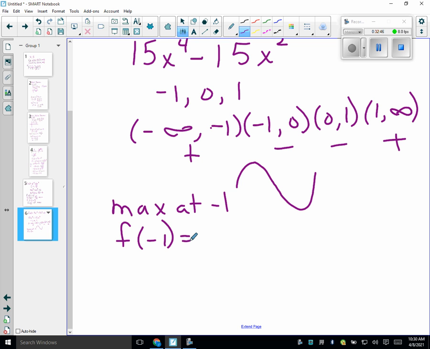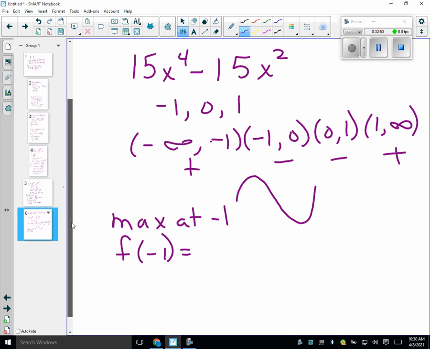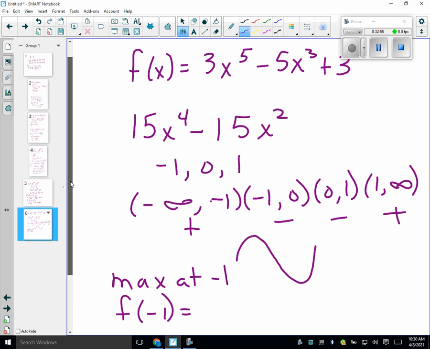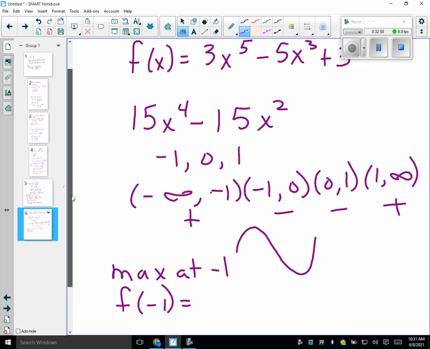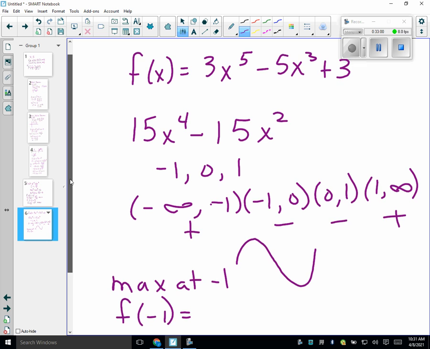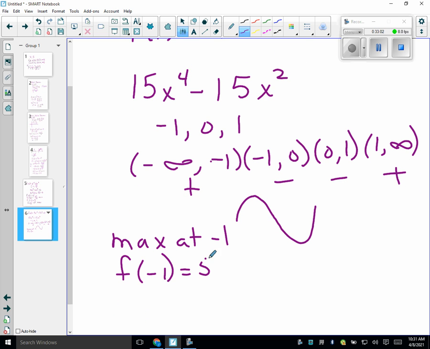F means the original, doesn't it? Is it 5? Where is a minimum? And what is f of 1? Minus 5 plus 3. 1?